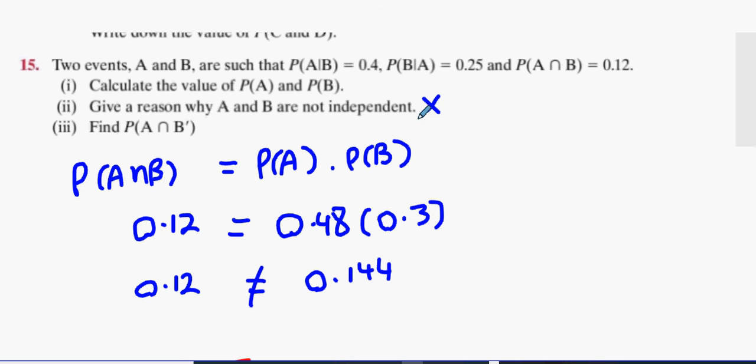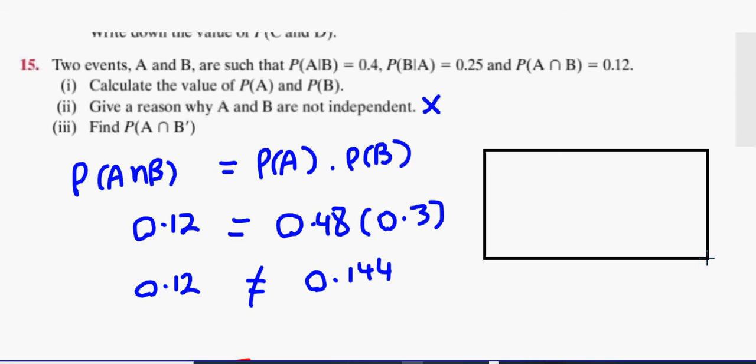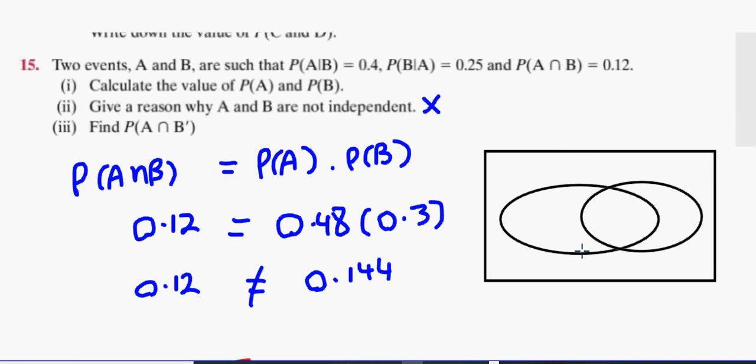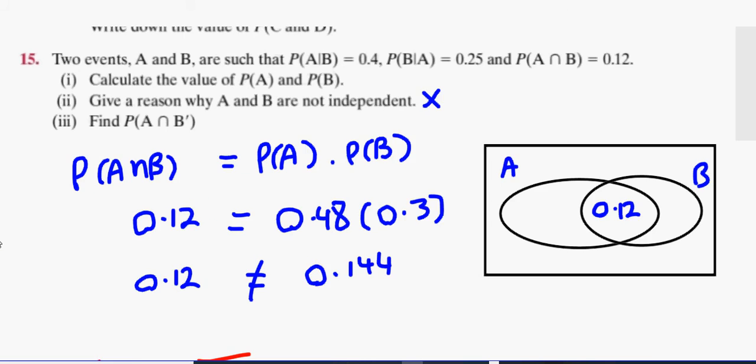Okay. Finally, find the probability of A intersection B complement. Alright. I'd need to draw a diagram for this. Okay, what's in the middle, lads? 0.12. Alright. What did we say A was again? 0.48.